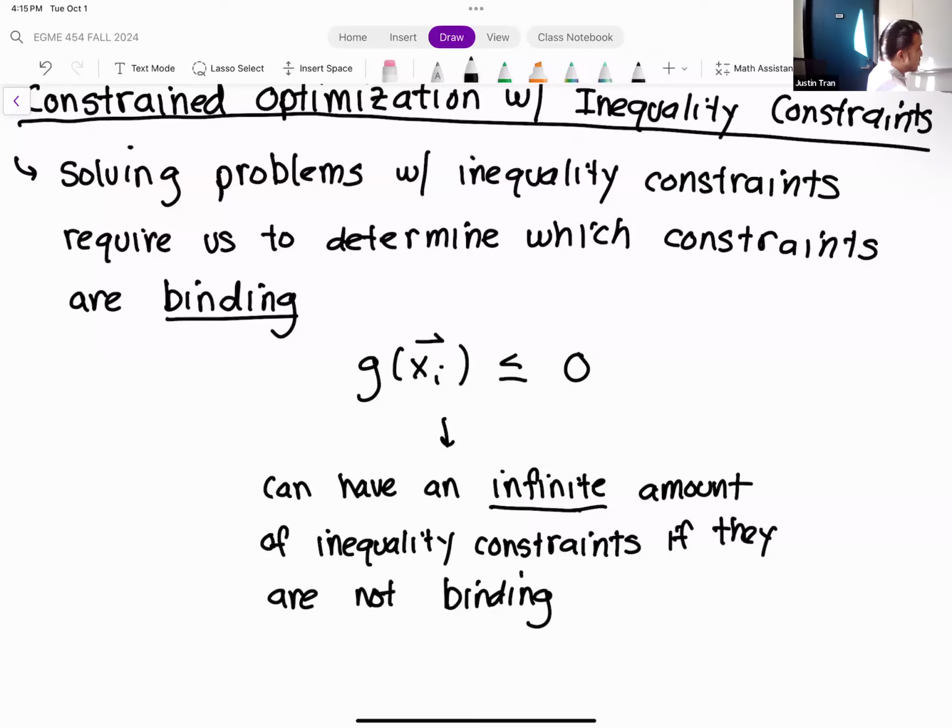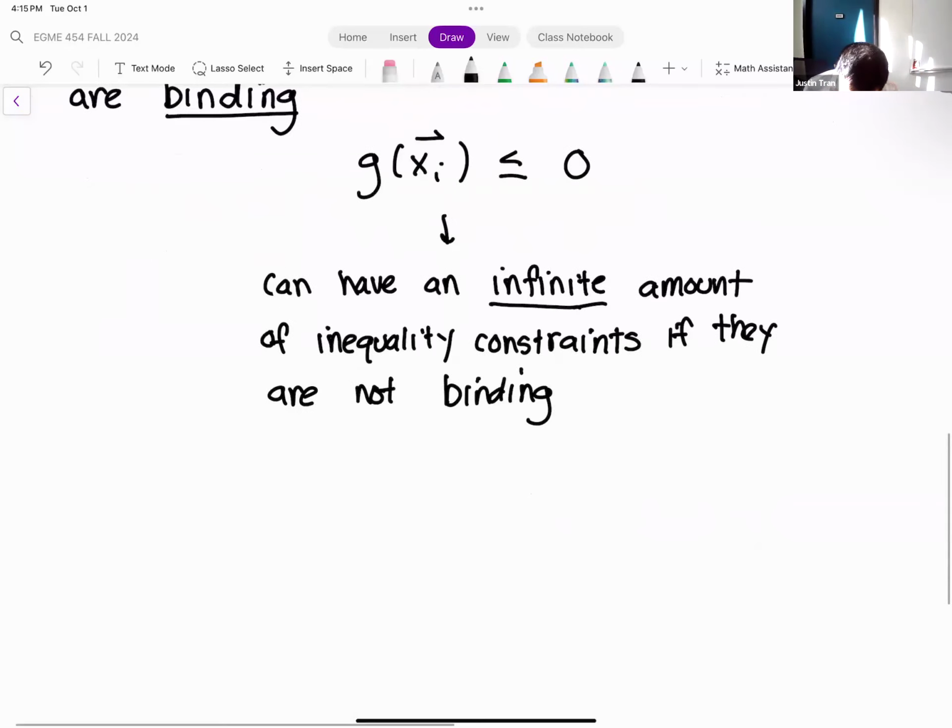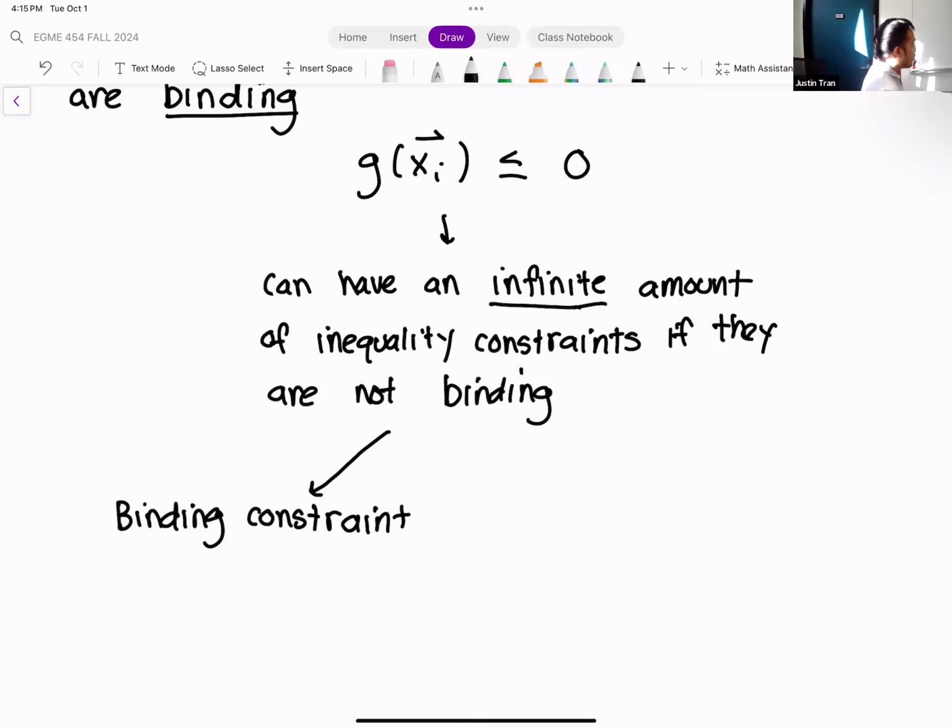And that idea is encapsulated by the Kuhn-Tucker conditions. The Kuhn-Tucker conditions said that ultimately there are two fates for an inequality constraint. On the one hand, your inequality constraint could be binding and it has a big impact on your result. If our inequality constraint is binding, that means our constraint equation is satisfied in the equality form.